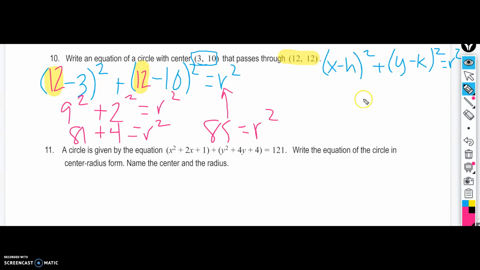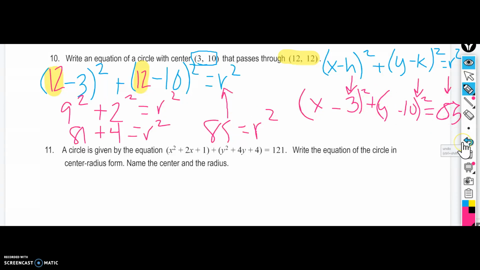So now I can put these back. H is still 3. K is 10, and now my r squared, the full thing, is 85. So here is the equation of that circle: x minus 3 squared plus y minus 10 squared equals 85.